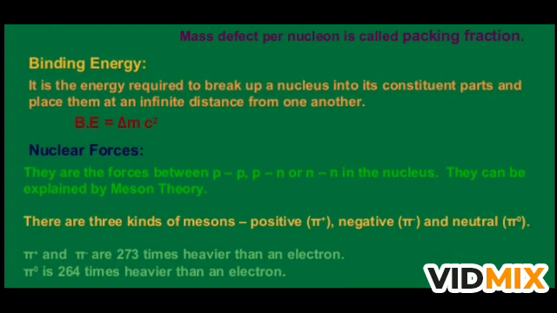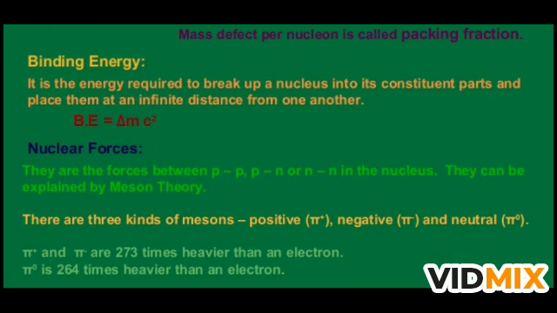Now what are nuclear forces? As I discussed, there are two particles, proton and neutron. Neutron is neutral and proton is positive, so how do they attract each other? This was told by Yukawa. There are forces between proton-proton, proton-neutron, or neutron-neutron in the nucleus. They can be explained by meson theory.